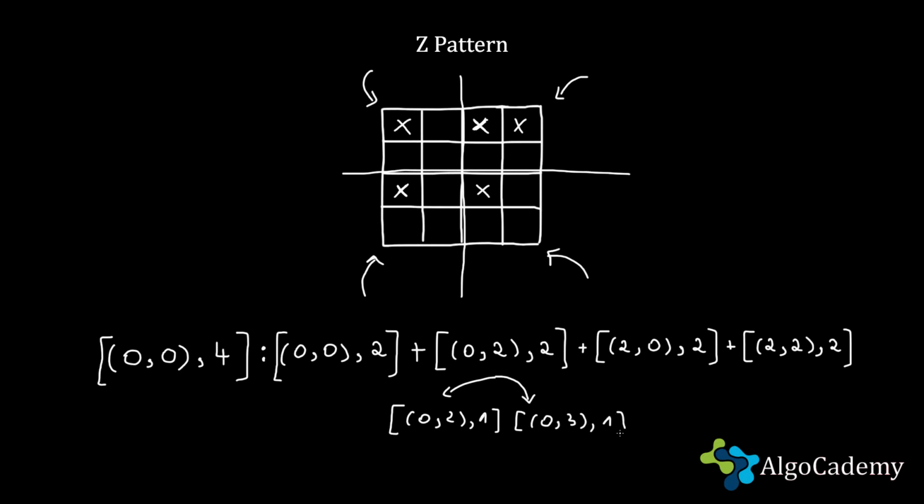So 0, 3, 1. Then the next one will be on row 1 and column 2, and also length 1, right? So I make another call of the function and say row 1, column 2, length 1. And the fourth one, of course, is on row 1, and on column 3. So let's make here a fourth one, right? Row 1, column 3, and the length of that subsquare is also 1, right?